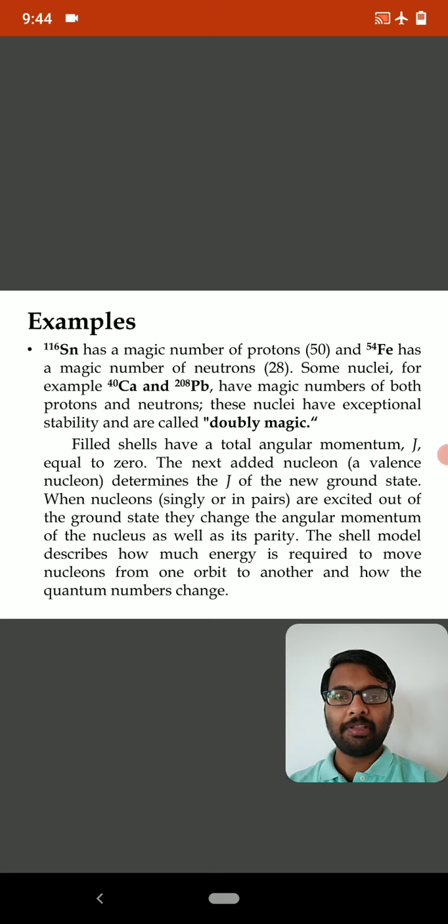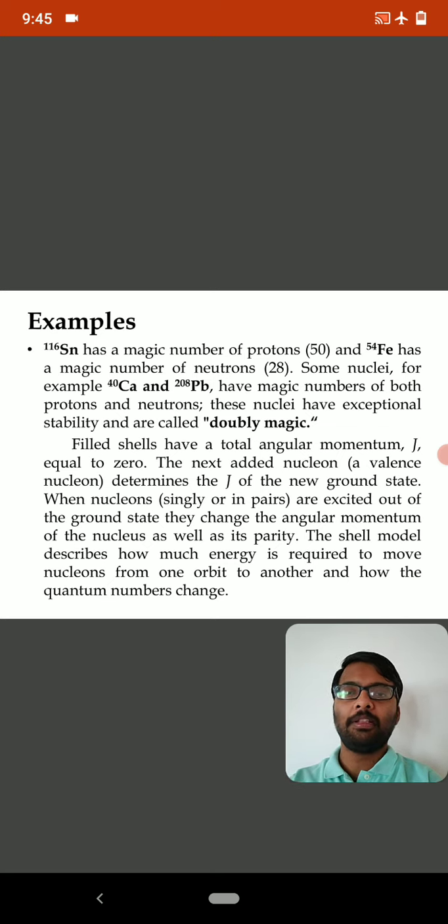The summary of these three sessions, that is sessions 5, 6 and 7, is that in nuclear models we have discussed the liquid drop model and the explanation of the stability of the nucleus using the liquid drop model by considering the binding energy property, and after that, in order to determine accurate values of binding energy, we have discussed the semi-empirical mass formula given by the scientist Weizsäcker.